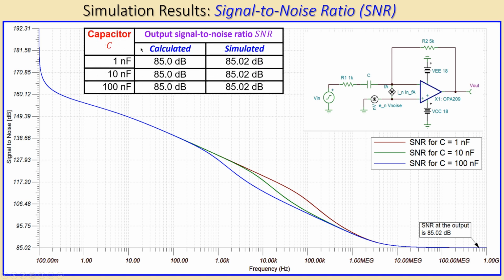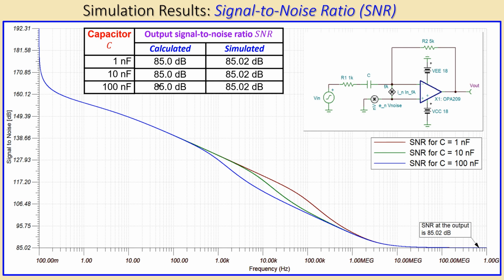We also calculated that for each capacitor value it is 85 dBs, and the simulation gives us 85.02 dBs, very close to what we calculated. So this is also a very nice result, and it confirms that the simulation result is confirming our calculations for this circuit.